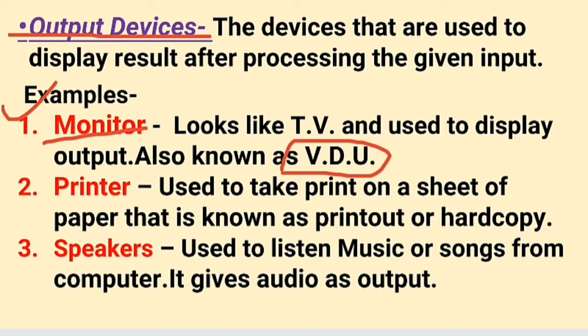The full form of VDU is visual display unit. Why is it known as VDU? Because the output that we get on the screen, we are able to visualize or see that output.